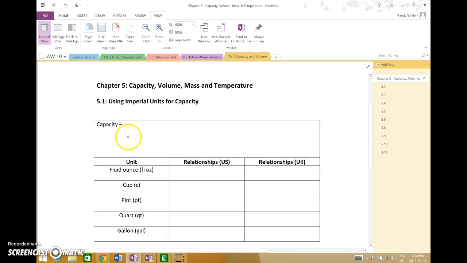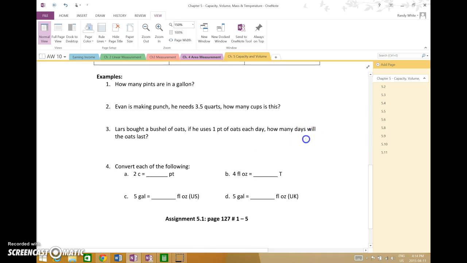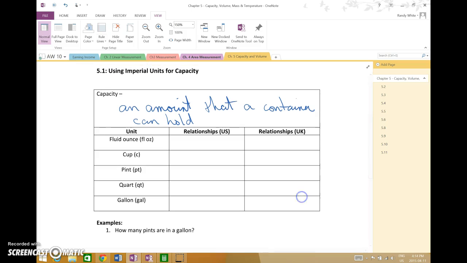So it's an amount, how much a container, sorry about my bad spelling here, can hold. When you buy a pop can, it can usually hold 355 milliliters. Or you go to the grocery store and you get a jug of milk, and usually the jug of milk can hold 4 liters of milk.